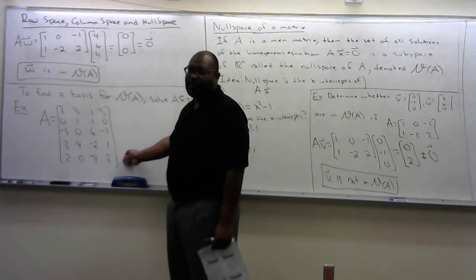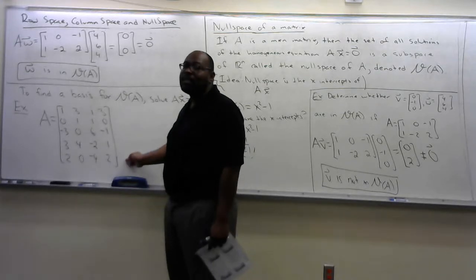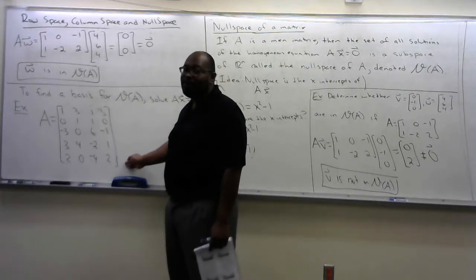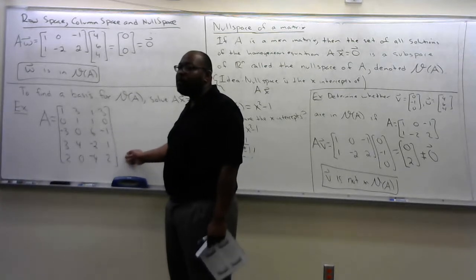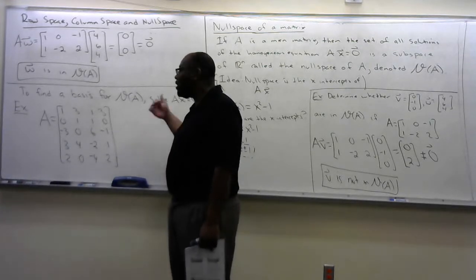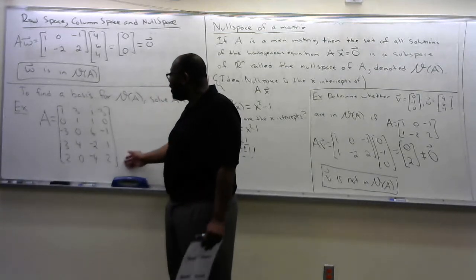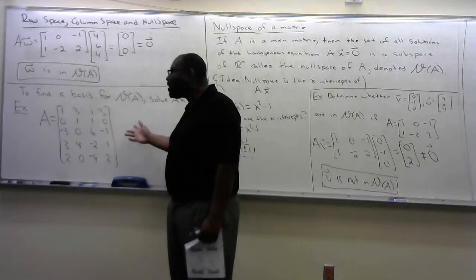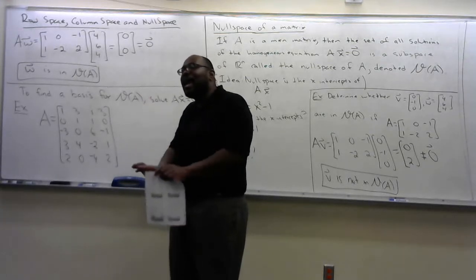We've done it many times. I like to put those zeros there just to remind me that I'm dealing with a system of equations. When I do the reduced row echelon form of a matrix from a homogeneous system of equations, I really don't need to write that column of zeros. I just do it to remind myself that it's AX equal to 0.